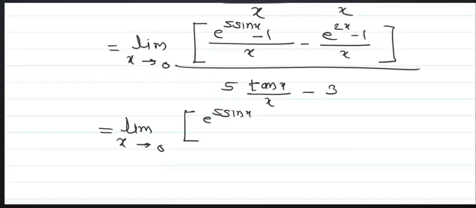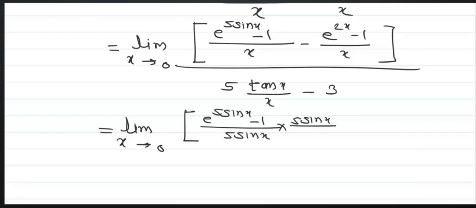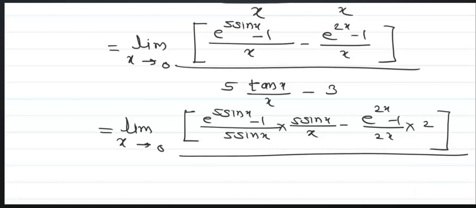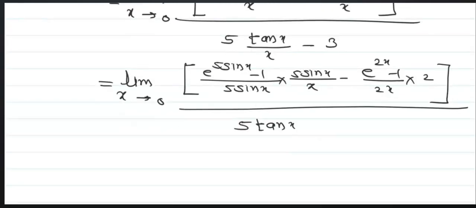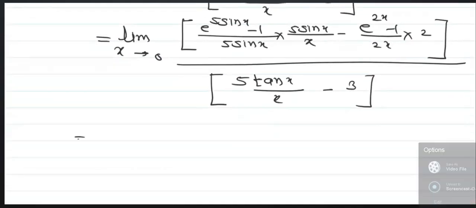Limit x tends to 0, e raised to 5 sin x minus 1 upon 5 sin x into 5 sin x upon x minus e raised to 2x minus 1 upon 2x into 2 upon 5 into tan of x upon x minus 3. Now what's happening here?